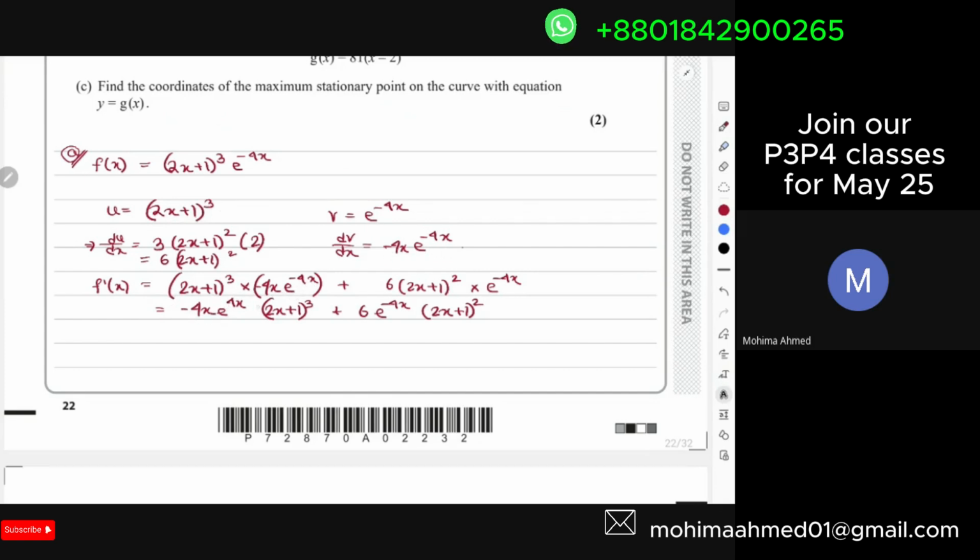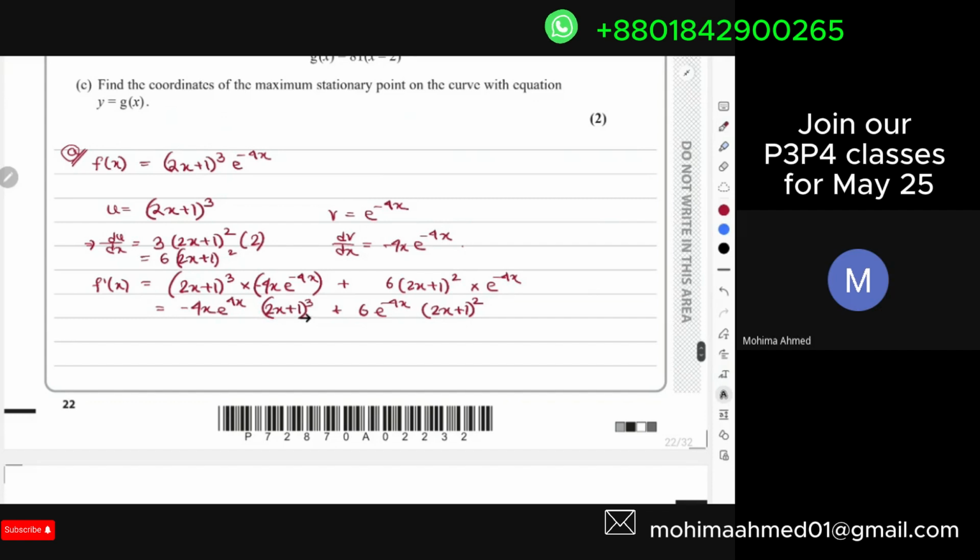(2x plus 1) cube with this value, so (2x plus 1) cube times minus 4 e power 4x. So you get minus 4 (2x plus 1) power 3, and then again this value with this value. So adding this with 6(2x plus 1) whole square, then e power 4x. Yes, so we have e power 4x, (2x plus 1) square common, and after this, if I take 2 e power minus 4x, (2x plus 1) square as a common factor, then I'm supposed to get minus 4(2x plus 1), right?